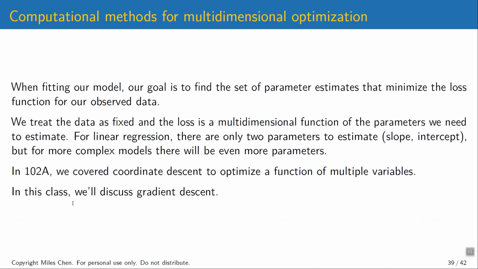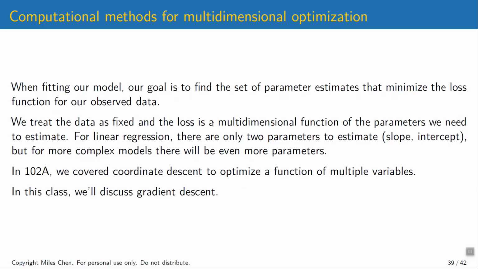The goal is that we want to minimize the loss function. So far we've been using calculus to take the derivative and set it equal to 0, but now I'm saying that might not be possible. And because we've got a multi-dimensional function, we have to use a multi-dimensional optimization method.